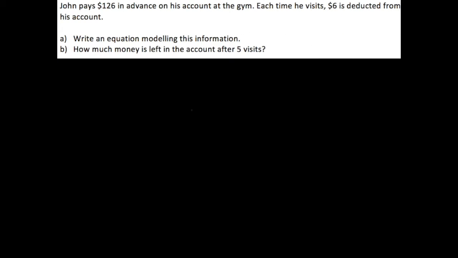So our third and final question says that John pays $126 in advance on his account at the gym. Each time he visits, $6 is deducted from his account. Okay, so the question says to write an equation modeling this information.